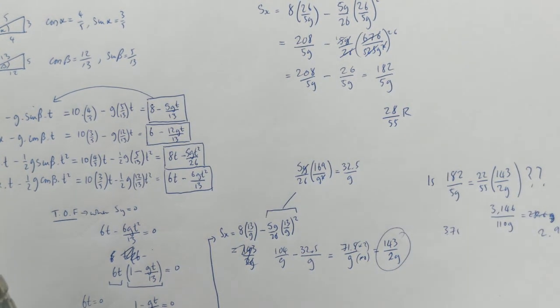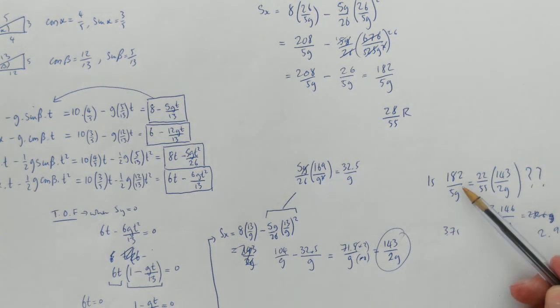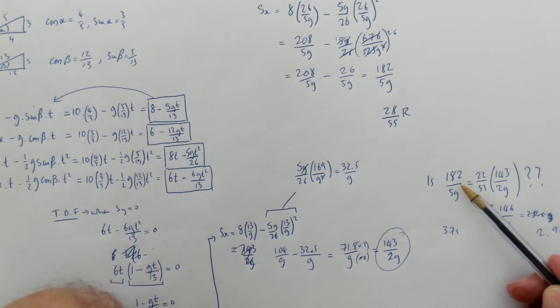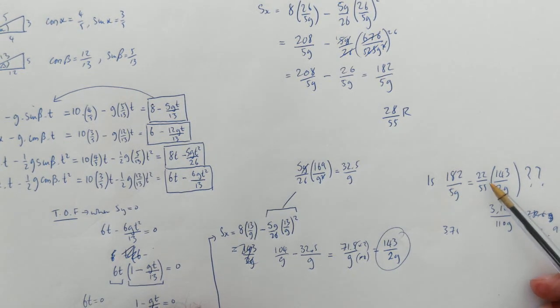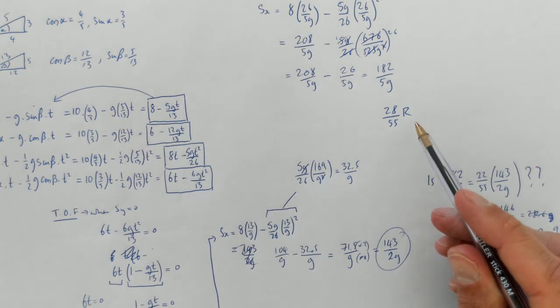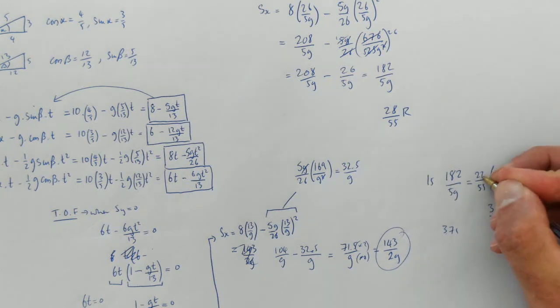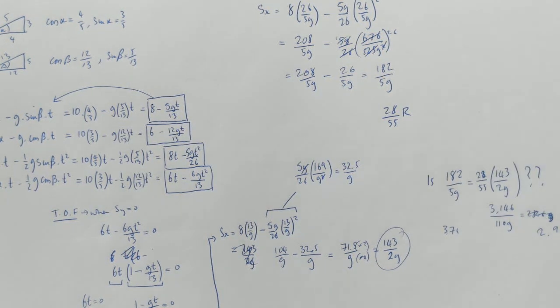Oh, no, now I've done something wrong. 3.71. So I wrote that right, didn't I? 182 over 5g is equal to 28. That's 28, guys. That's not the 22. It's 28.